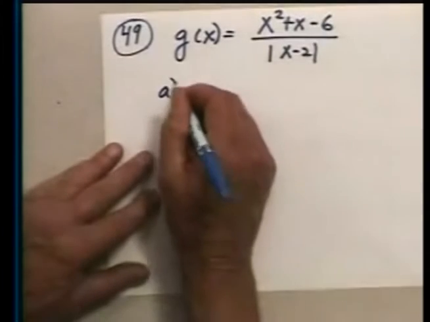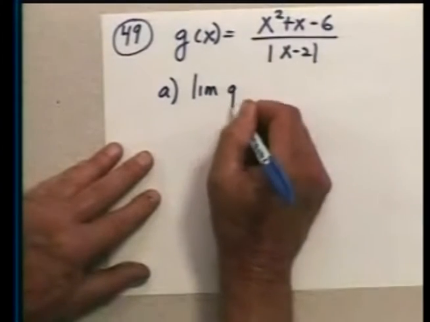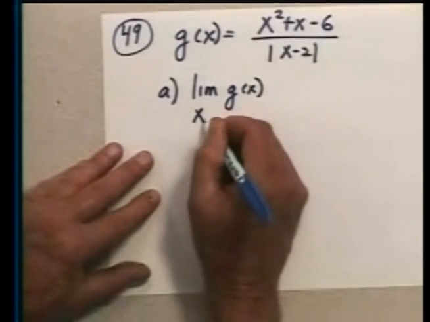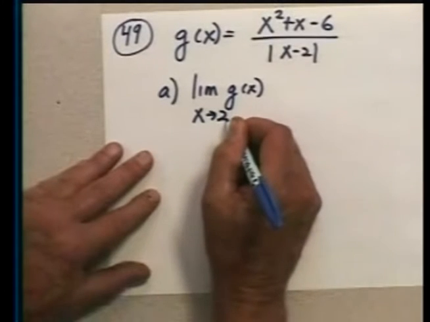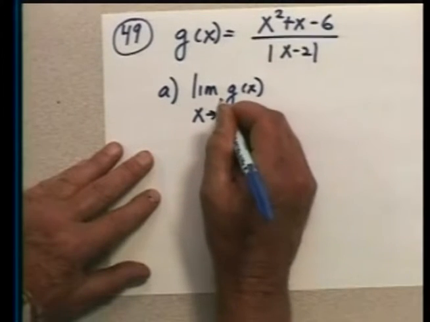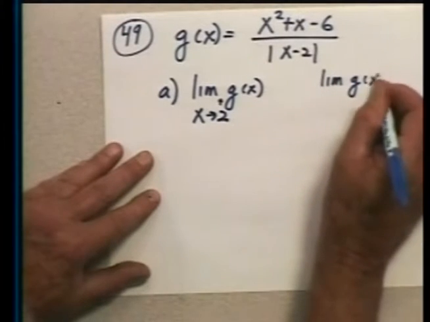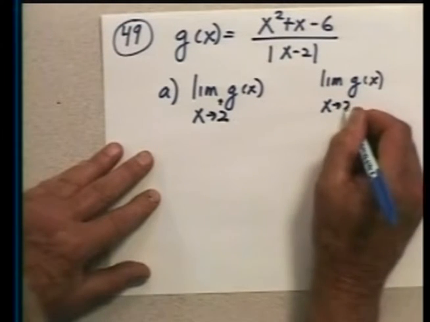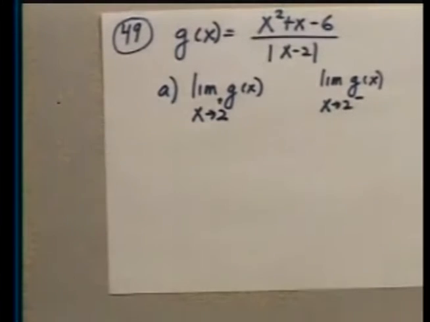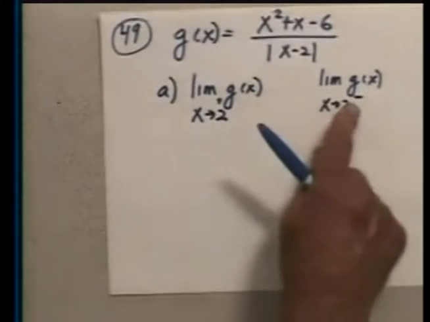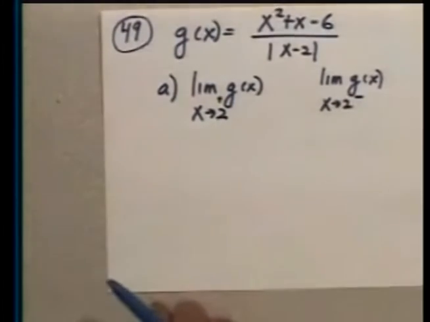In part A, they want the limit of g of x first as x approaches 2 from the right. Then they want you to do the limit of g of x as x approaches 2 from the left. And after you check those two answers, then they're going to say, does the limit as x approaches 2, period, exist? Well, yes, if these two limits are equal. No, if they're different.